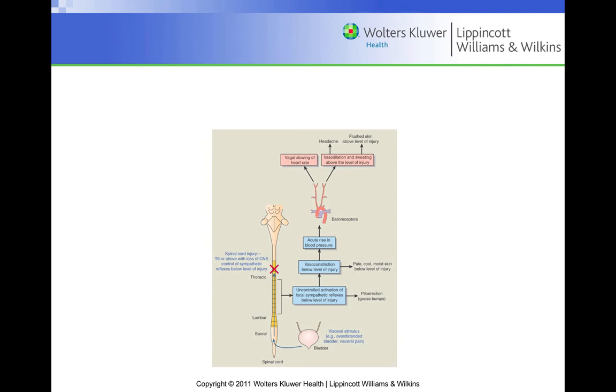One of the main stimuli of autonomic dysreflexia is either a full bladder or a full rectum. So if you are working on a unit that takes care of newly diagnosed spinal cord injuries, you will find that the nurses on those units are very attentive to bowel and bladder monitoring, and that's one of the very important monitoring aspects of this patient population.